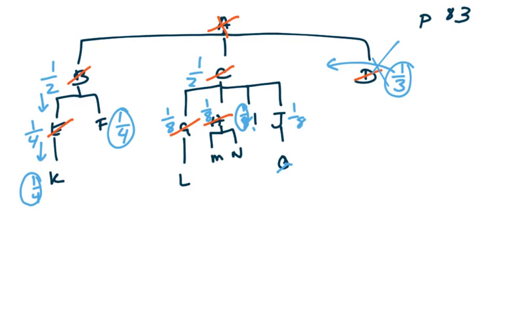O gets nothing because J's still alive, right? So J would get 1/8. This would drop down here. L will get 1/8. Then M and N would have to split that 1/8, so that gives them 1/16. And so that is the answer.